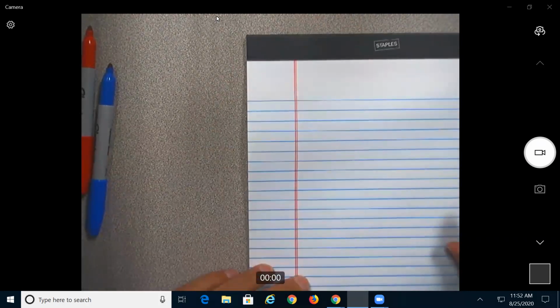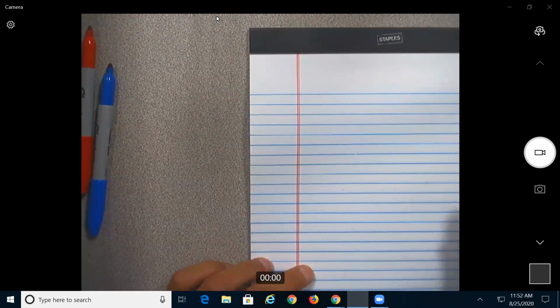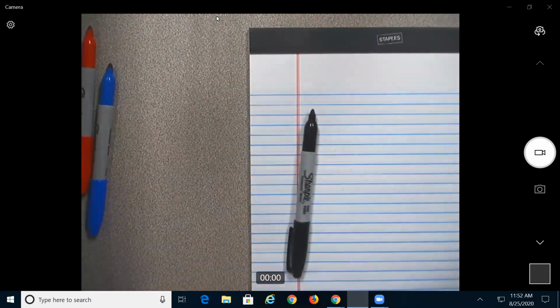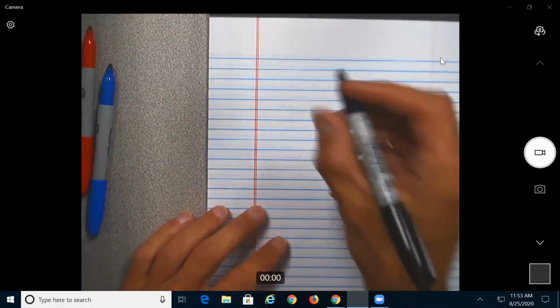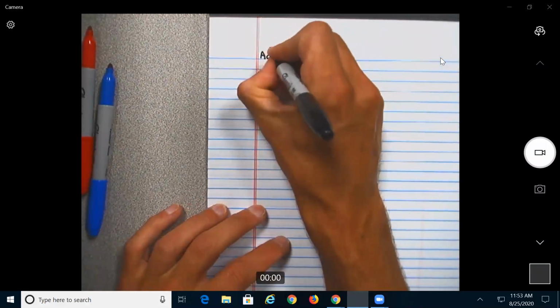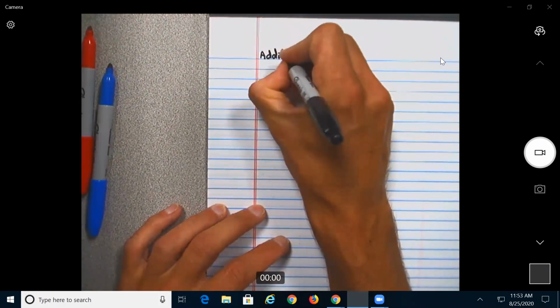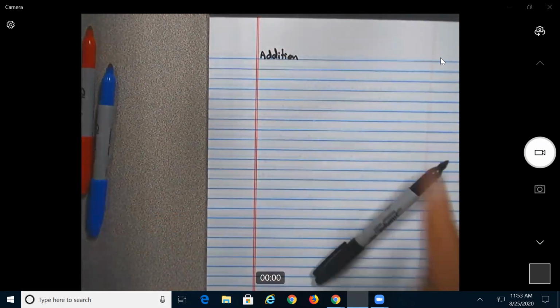So let's say now you need to do the addition of vectors. So now let's say you want to do the addition of vectors.